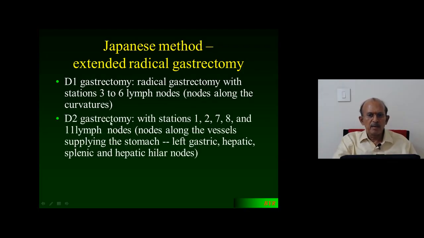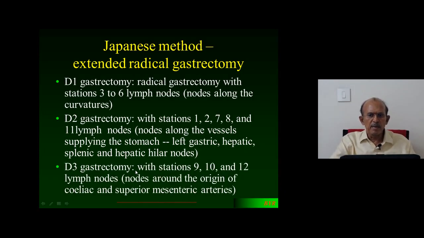D2 gastrectomy means nodes along the vessels supplying the stomach, along the left gastric nodes, hepatic, splenic, and hepatic hilar nodes. So when you remove all these along with the stomach and spleen, you call this D2 gastrectomy. D3 gastrectomy means nodes around the origin of the celiac and superior mesenteric arteries also are removed along with radical gastrectomy.